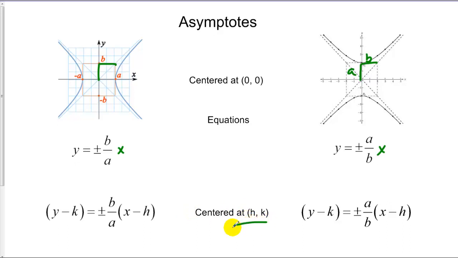If I translate that center, I just translate the X and Y points by subtracting H and K to each problem.